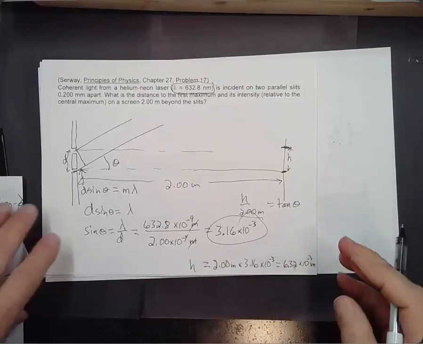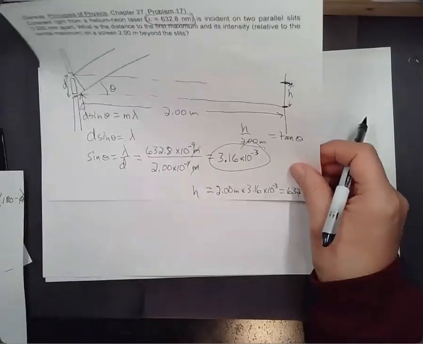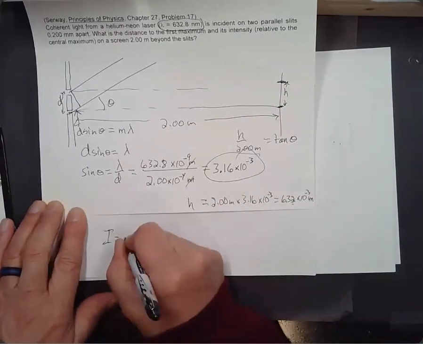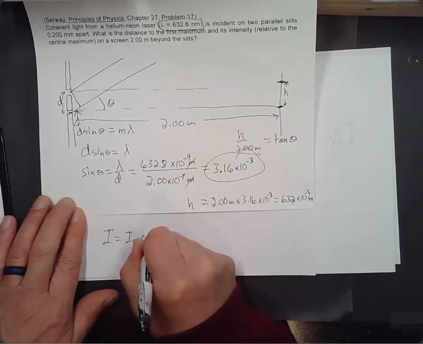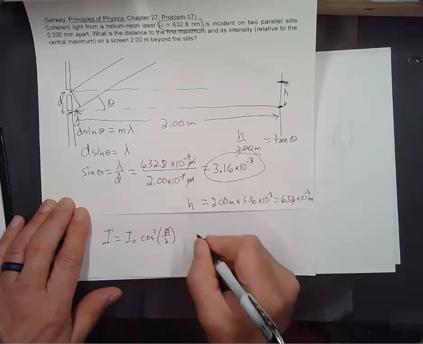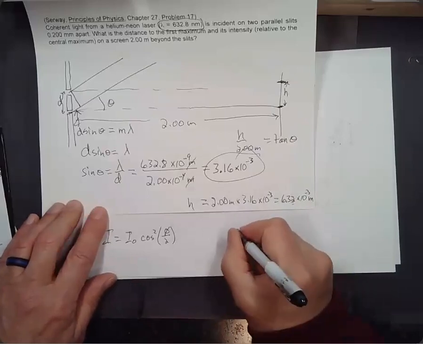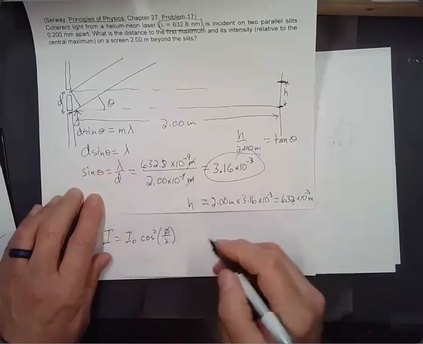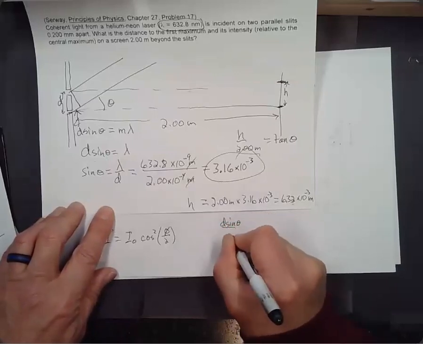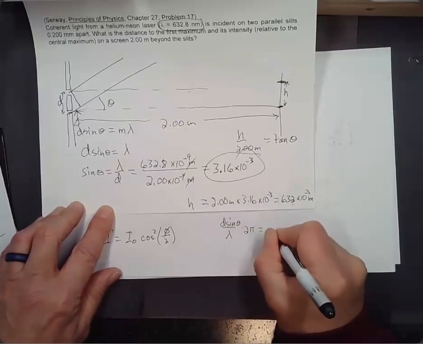Okay, what about the intensity of it compared to the central maximum? This will be the last thing we'll have time for today, but the intensity is going to equal I naught times the cosine squared of phi over 2. Well, what's the phase difference here at that particular thing? If I've got that the path length difference is d sine theta over lambda times 2 pi is what phi happens to equal.